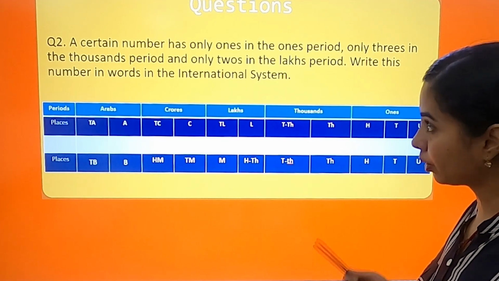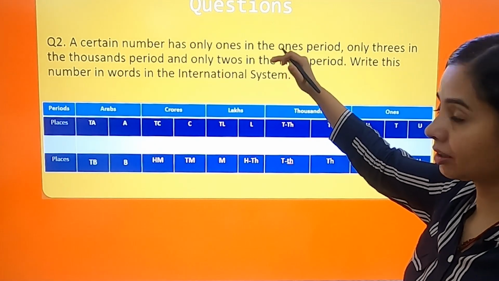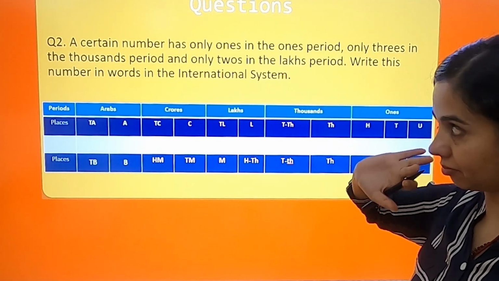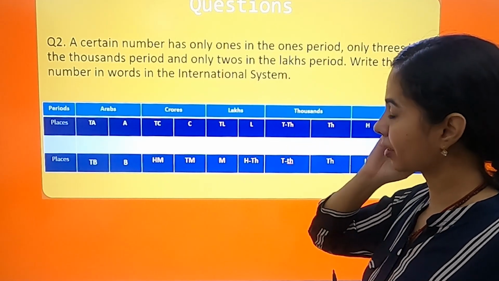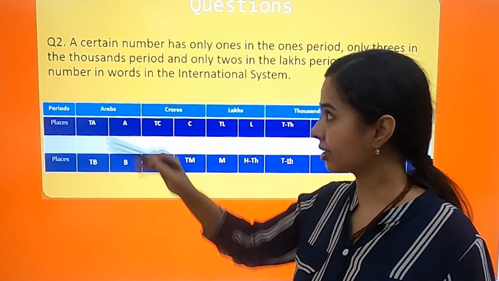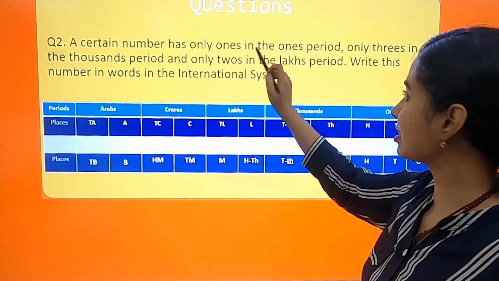Write this number in words in the international system. So we know it is given in the Indian system. We can read that out because lakhs is mentioned.